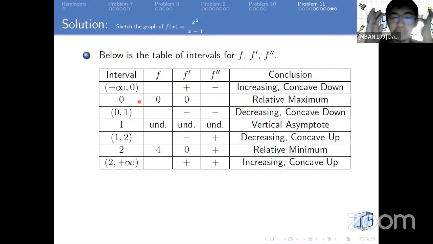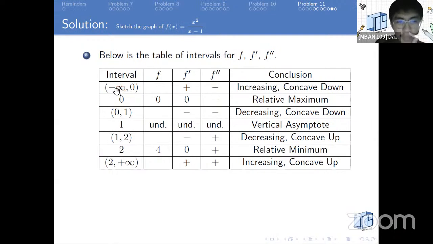Kasi nga yung mga critical points mo yung nagdi-divide sa domain ng x.